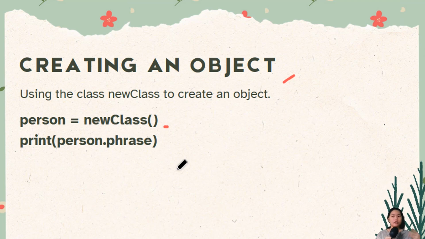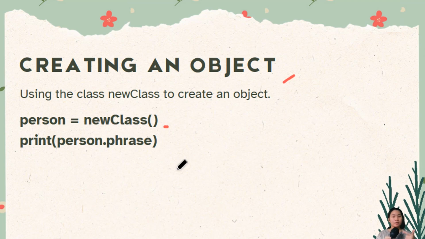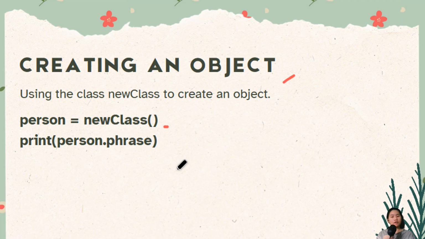Just as in real life, a dog may have the property of breed, name, color, preference, whatever you want to assign to it. The same goes for objects in Python. You assign them their properties and you manipulate them that way.